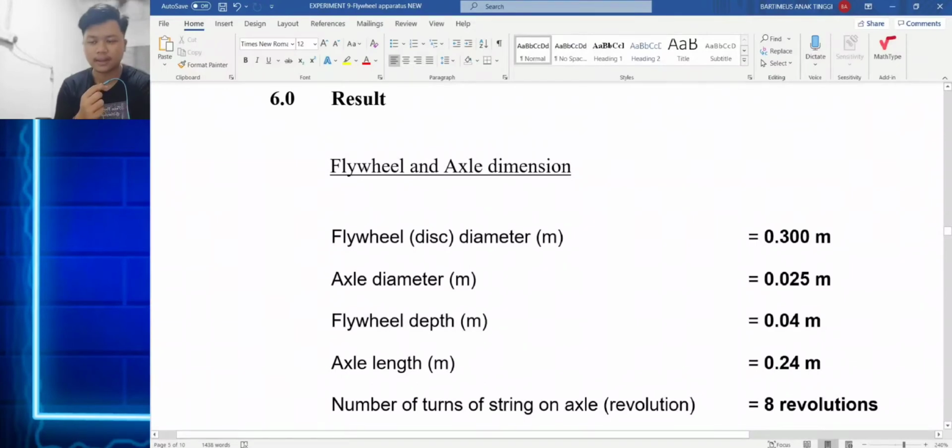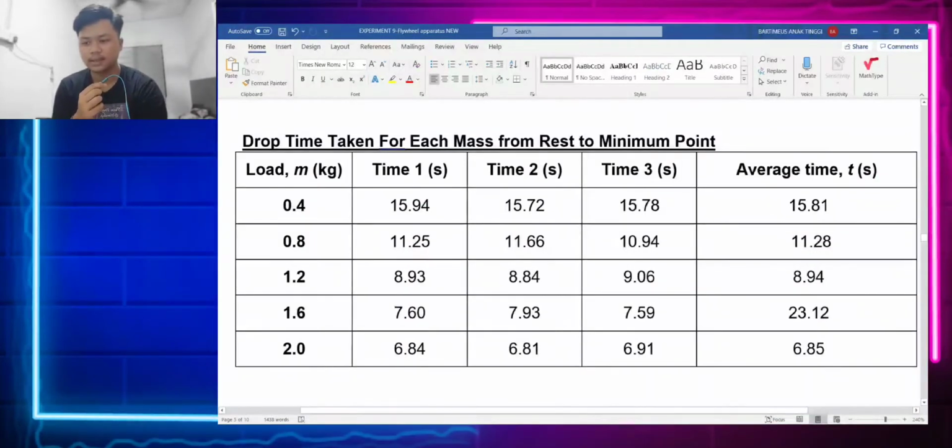The flywheel depth is 0.04, and the number of turns of string on the axial is 8 revolutions. And we can see the table for the drop time taken for each mass from rest to minimum point.